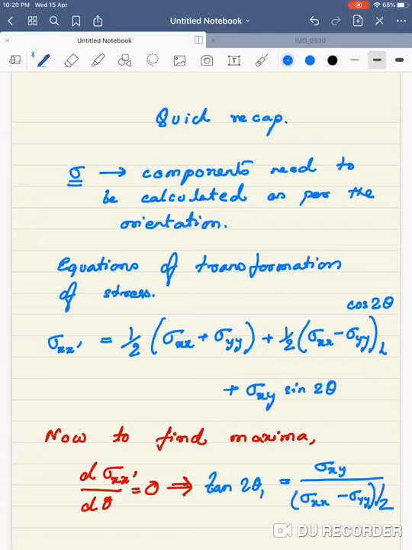Between 0 and 360 degrees, there are actually two orientations of theta, one of which will give you the maximum stress and the other the minimum uniaxial stress. We also showed that on planes where you have these maximum and minimum normal stresses, the shear stresses are absent. There are no shear stresses on those planes.